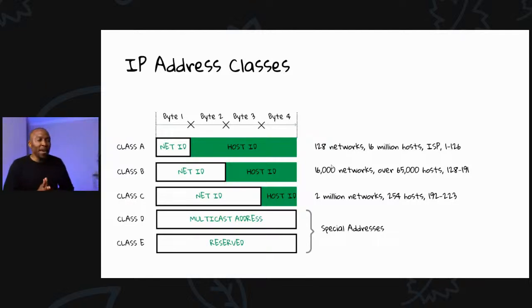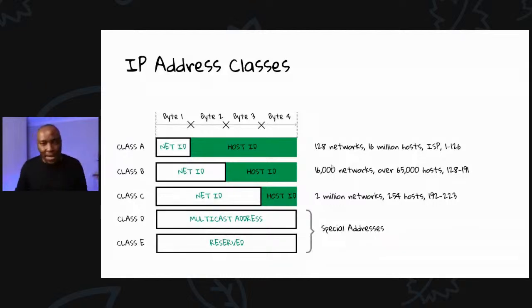Now, if ever you needed a time to concentrate, this is the time, because I'm going to say things that might take a bit of repeating for you to understand. A class A address uses the first 8 bits. It uses the first octet to define the network address.